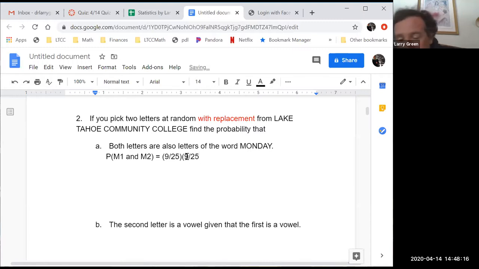It doesn't matter whether it's the first or the second, because we're doing it with replacement. A 4-letter word is a whole different thing. And if you want, that's 81 over 625, but you don't need to do that. Leaving this fraction is fine. On the computer, you'd probably have to give it as a decimal. Any questions on A?